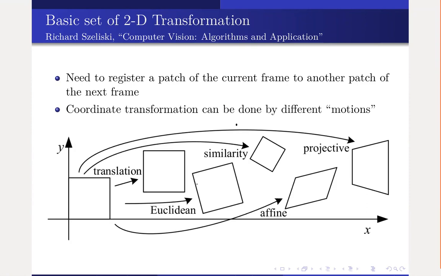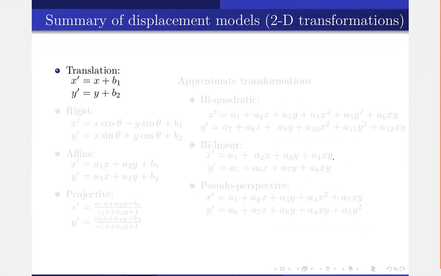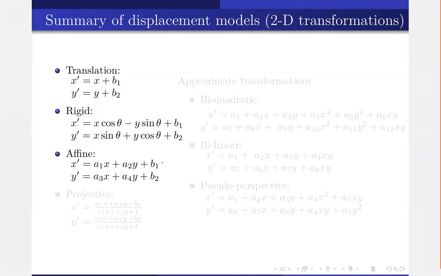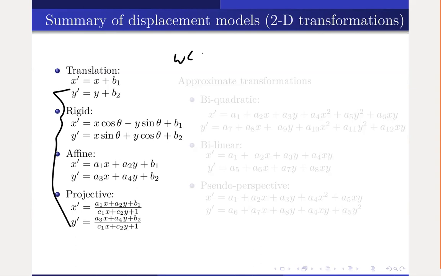You can also have similarity, affine and projective and so on. This is just an illustration. You don't need to bother with this equation, but what I'm saying is this can be the choice for the warping W there.